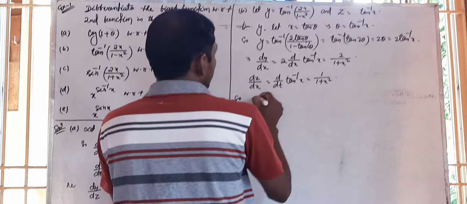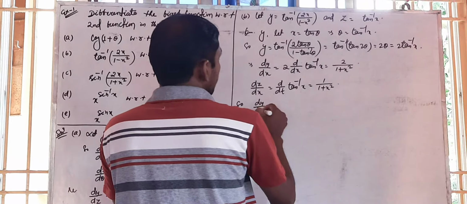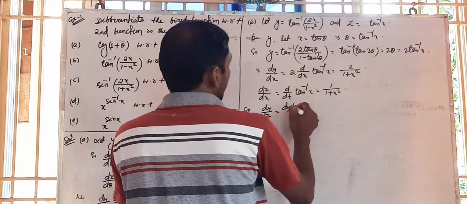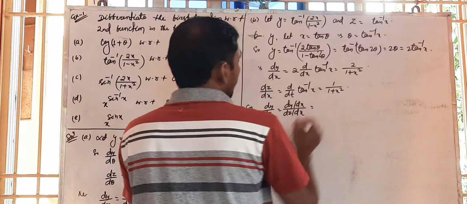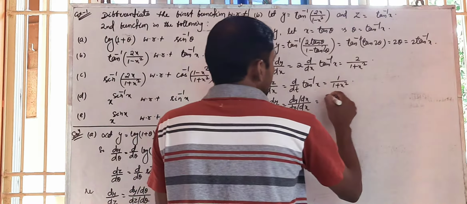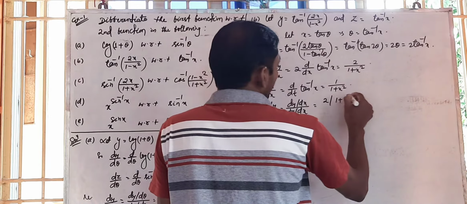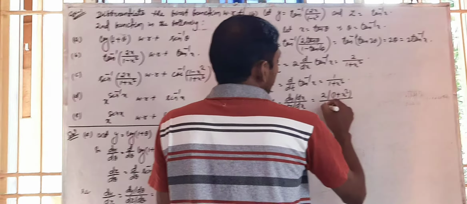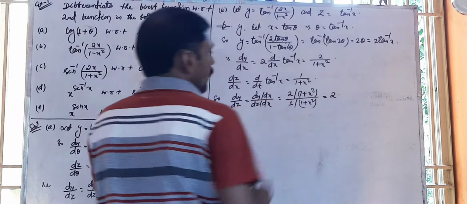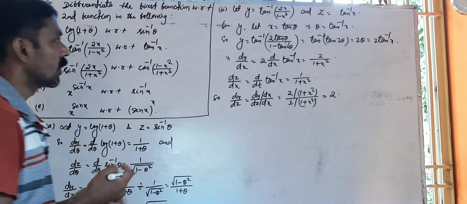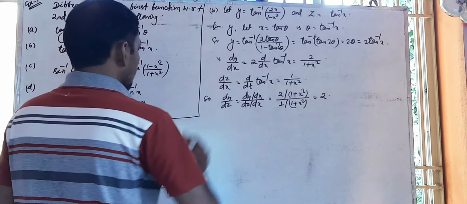Hence dy by dz equals dy by dx divided by dz by dx. So it is 2 by 1 plus x square divided by 1 by 1 plus x square. This is equal to 2. Okay.